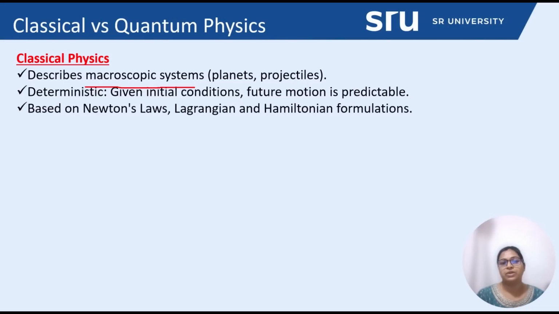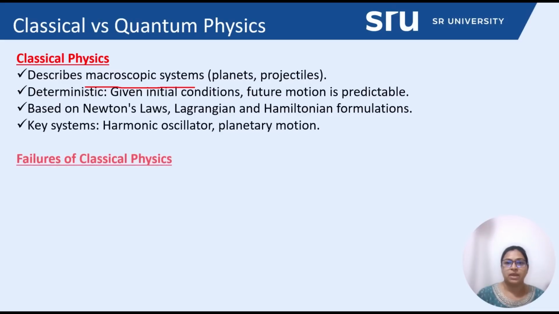Based on Newton's laws, the Lagrangian and Hamiltonian formalisms can be formulated, and key systems like the harmonic oscillator and planetary motion can be described. Hamiltonian mechanics is a further abstraction, central to modern physics, especially in the transition to quantum mechanics.